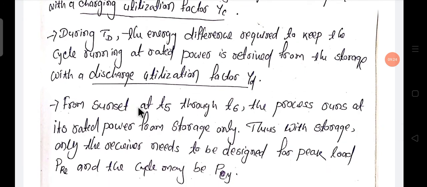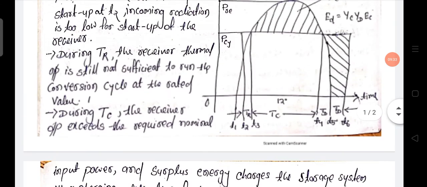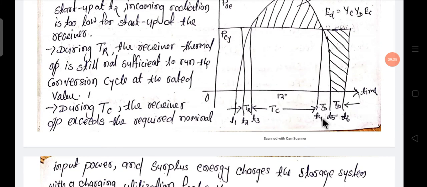From sunset at T5 through T6, the process runs at its rated power from the storage only. In T4 to T5, there is a mixing of the storage system with sun radiation, so we run the power plant with incident sun radiation plus the storage system.